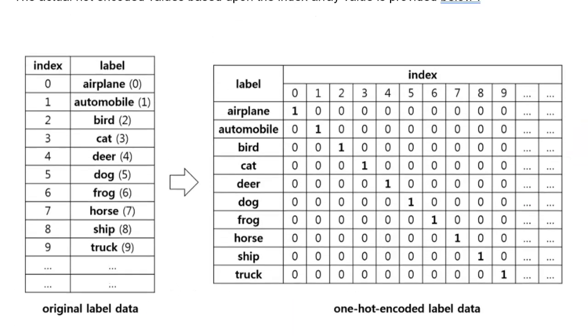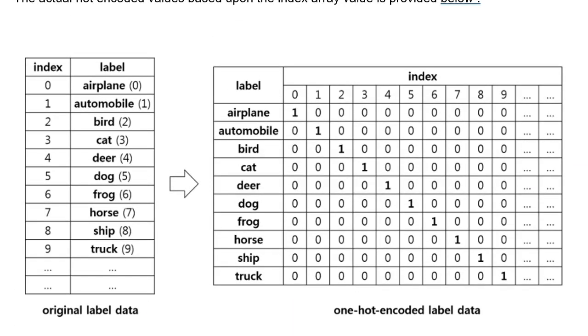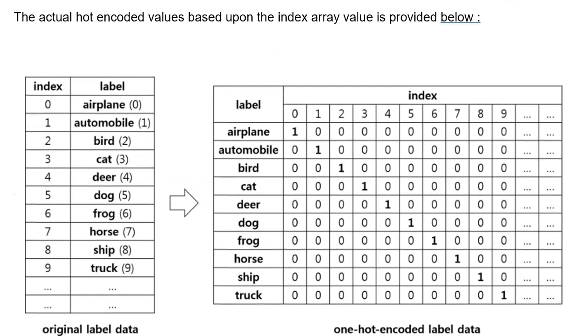This may be a better example to evaluate the one-hot encoded values for the label data. Each label is given on this corner, and the index value is given over here. For index 0 to 9, the values are zeros or ones, so it is going to be yes or no, 0 or 1.